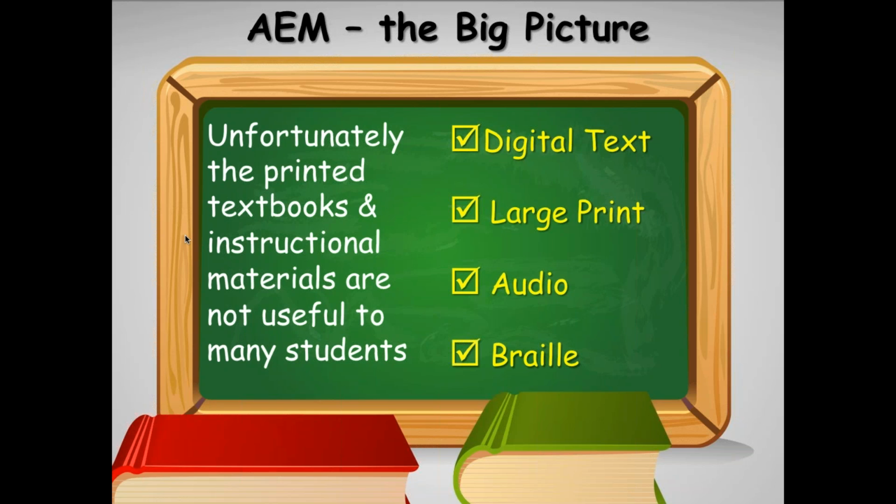For many students, this need can be addressed by providing the students with identical or somewhat modified information in one or more of these specialized formats that you have on the right of the screen, whether it is digital text, large print, audio, Braille, or more likely a combination of some of the above.